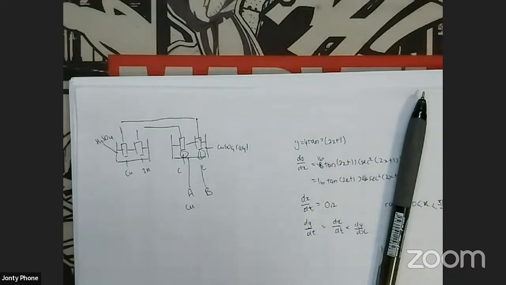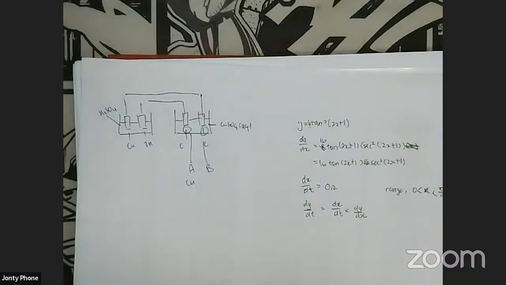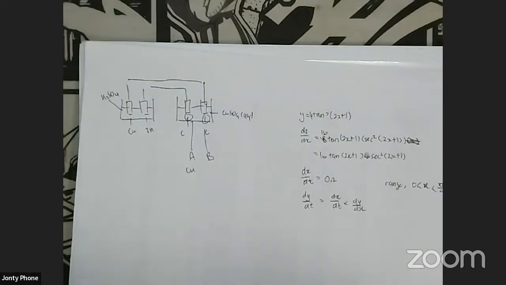Now there's one thing that you didn't touch. How come you didn't touch a particular information that the question gives you? Find dy/dt when y equals 4. The y equals 4 is the thing you don't touch.